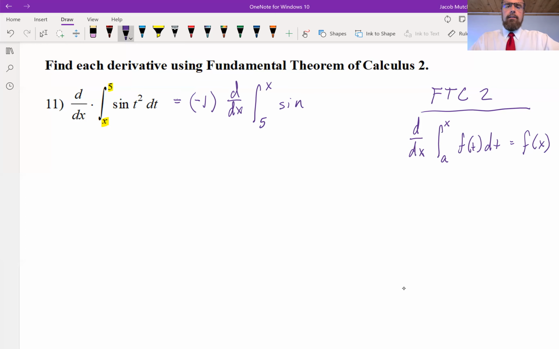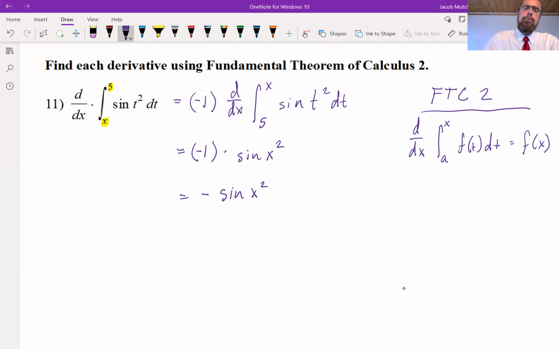Once I do that, it's set up to apply the fundamental theorem of calculus 2. So this is going to be equivalent to -1 times sine of x squared. And that can be reduced to negative sine of x squared, and that is complete. So with that one, again, very straightforward application of fundamental theorem of calculus 2, with the one change where I had to switch the limits of integration.